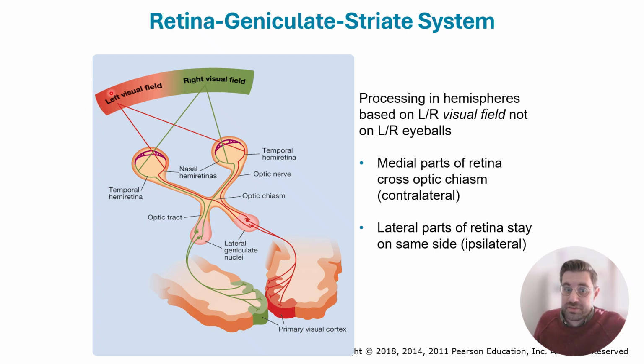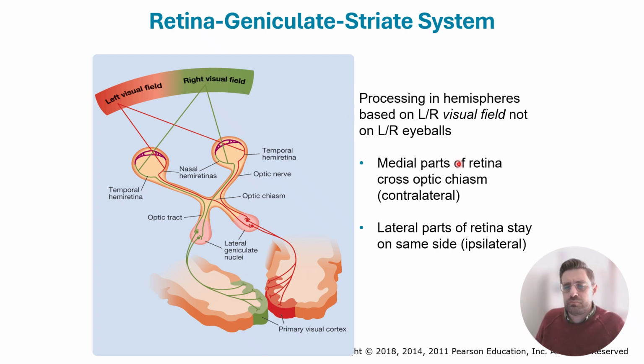Things off to the left hit my left eye in the middle and cross. In contrast, signals that hit the outside, the lateral parts of the retina, stay on the same side. So stuff in the left visual field hits the right part of my eye and stays on the right. Things from the right visual field hit the left part of my eye and stay on the left.